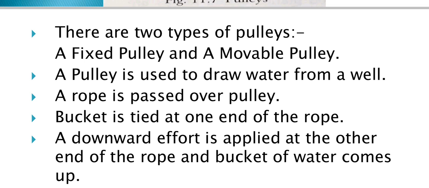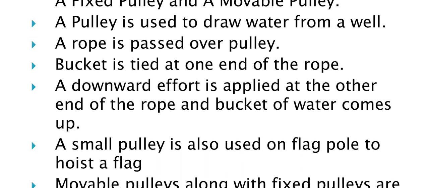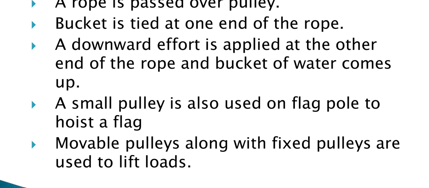A downward effort is applied at the other end of the rope, and the bucket of water comes up. A fixed pulley makes our work easier by changing the direction of the force.